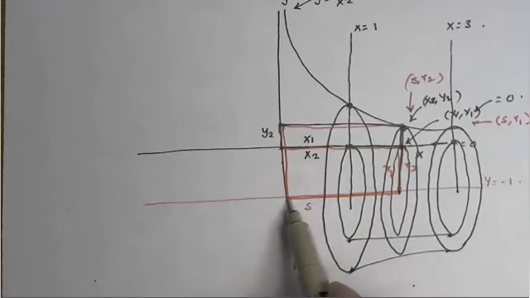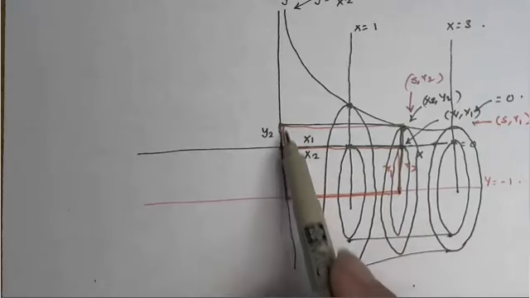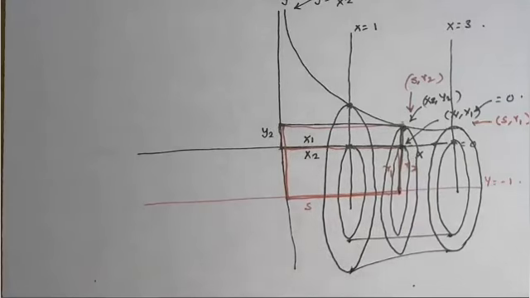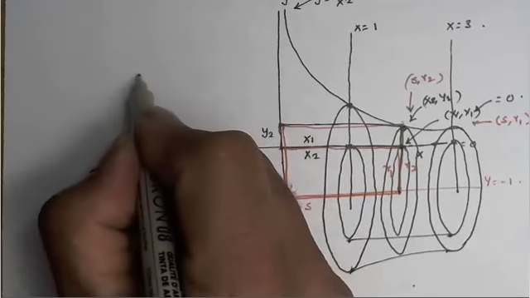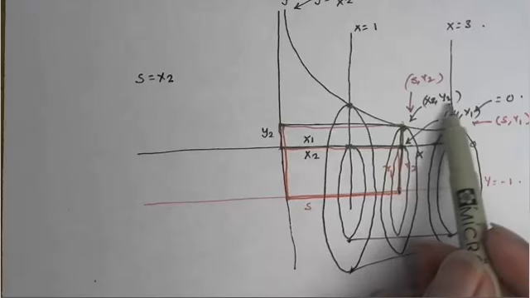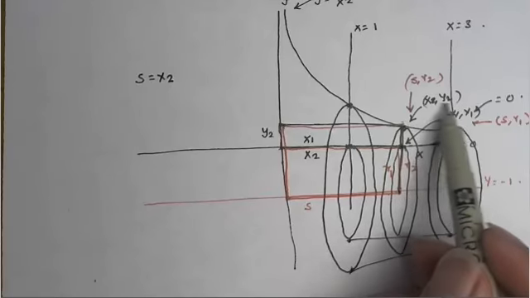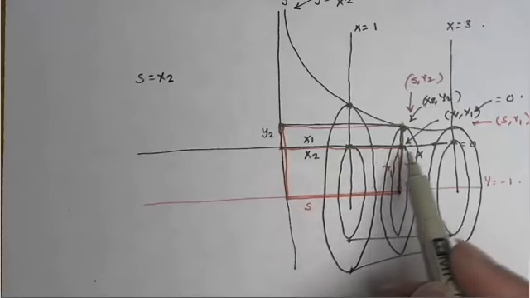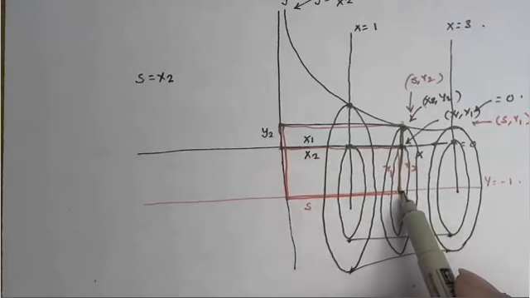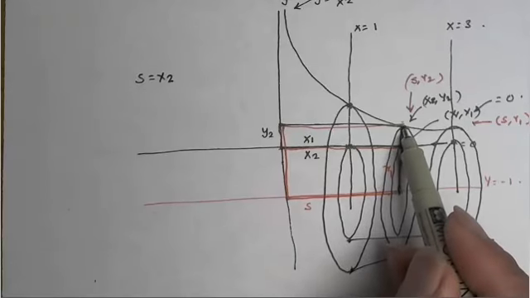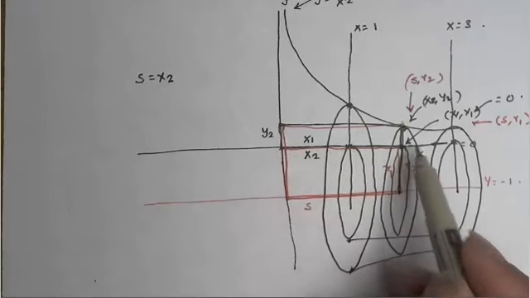So let's look at the big rectangle. This side is the same as that side, which is the same as x2. So s equals x2. I'm going to write down all the equations about the point which has the subscript 2 first. So s equals x2, and r2, which is this distance, is that distance plus this distance. This distance is y2. This is from this rectangle.